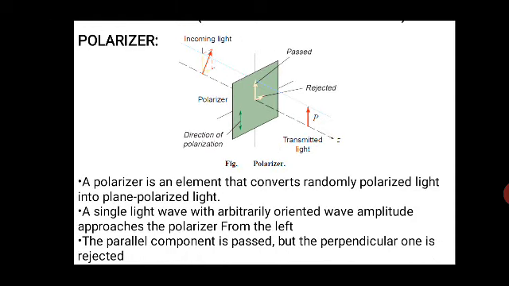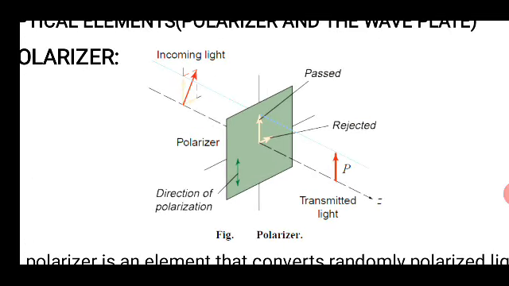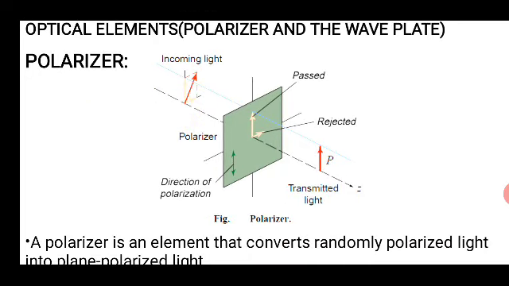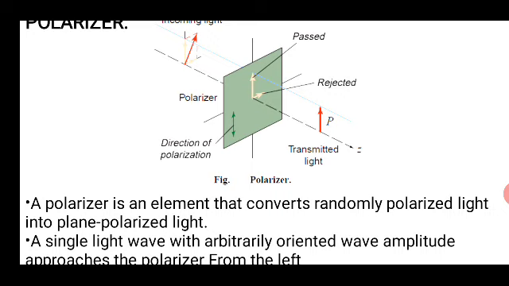The polariscope is an element which converts randomly polarized light into plane polarized light. Just look at the sketch here. The incoming light source, you can observe, is randomly polarized. Now, this light has to be passed through a polarizer.